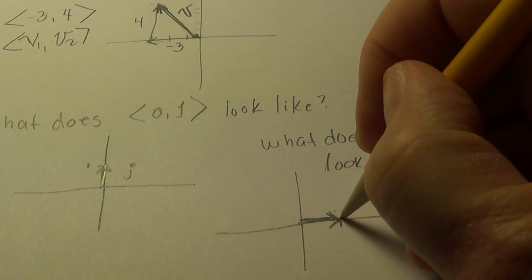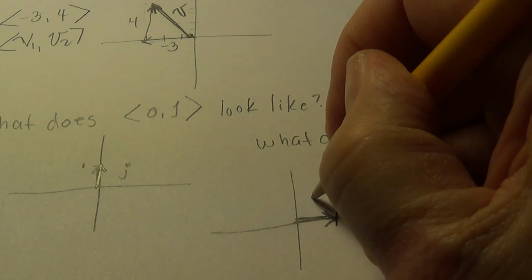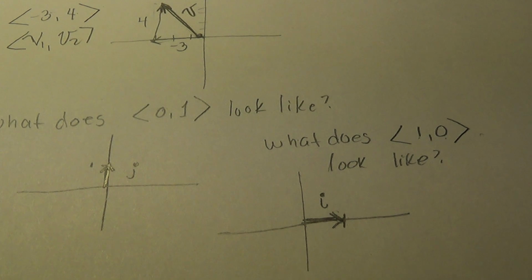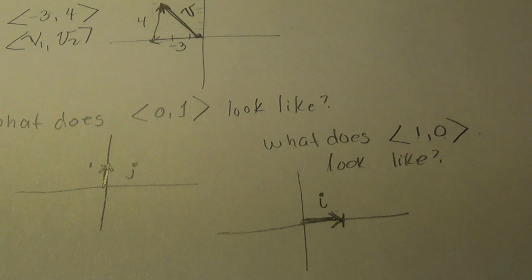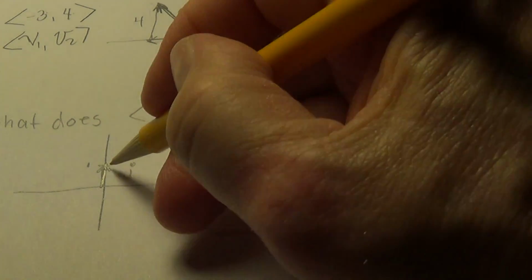So that is the vector <1, 0>. And we give it a name. Guess what it is? It is I. So I and J are very important vectors, and we will look at how we use them. They are called unit vectors because they are 1 in length.